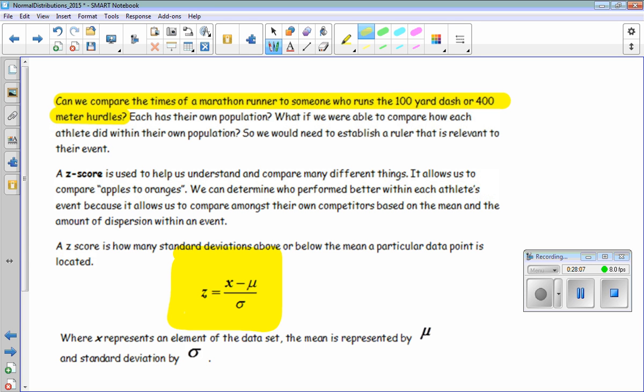We're not just going to figure out who ran the shortest time, because that wouldn't be fair. So we're going to find a z-score to compare Christian to all of the other marathoners, Carolina to all the other hurdlers, and Jennifer to all the other 100-yard dashers. And the one with the highest or lowest z-score would be the best. Well, let's figure out what it means. Maybe we can answer that question in a minute. So, a z-score is used to compare different things. Okay, and that's what we're going to be doing.